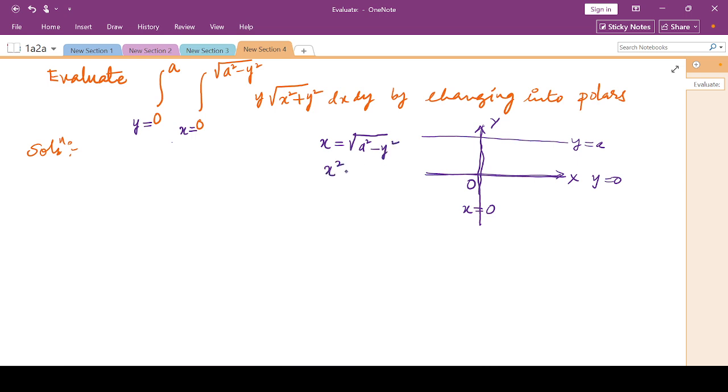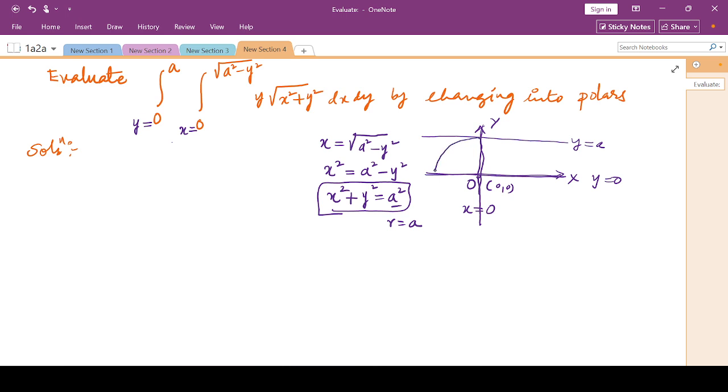On squaring both sides, it will become x square is equal to a square minus y square. The square root and square get cancelled. Bring minus y square to the left side: x square plus y square is equal to a square. So what does it represent? It represents a circle with the center at 0, 0 and radius a units, that is r is equal to a.